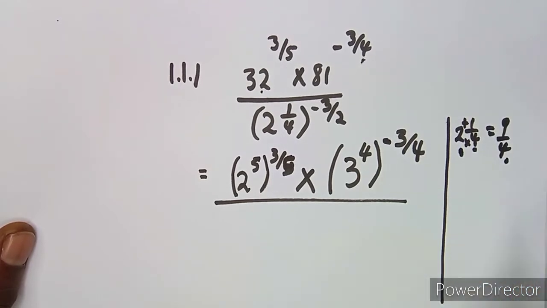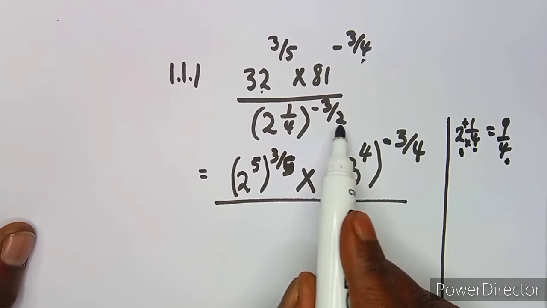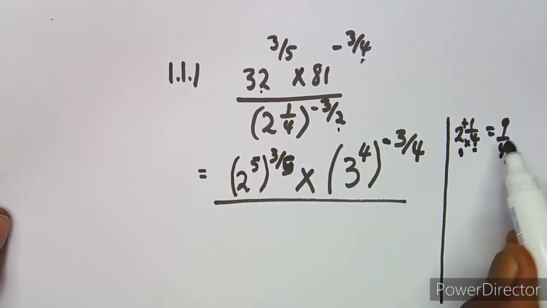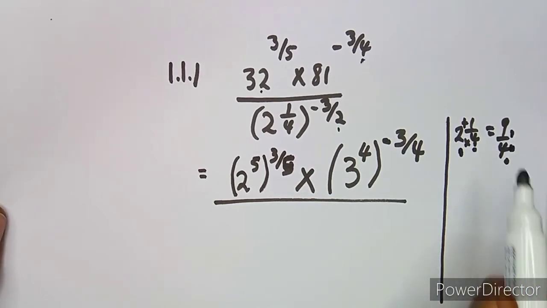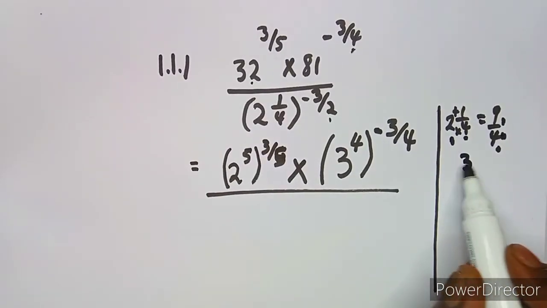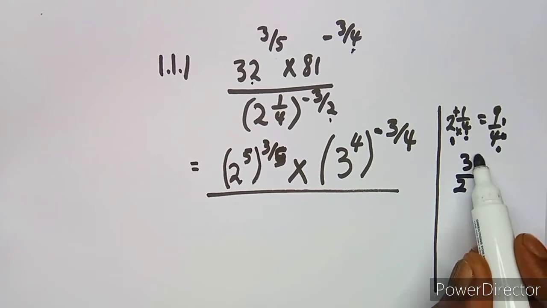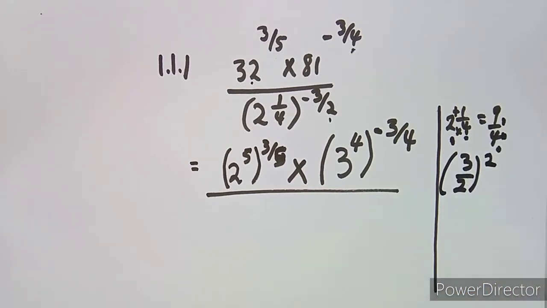In terms of exponent, this 9 over 4 can be written as 3 over 2, in its simplest form, to the exponent of 2.